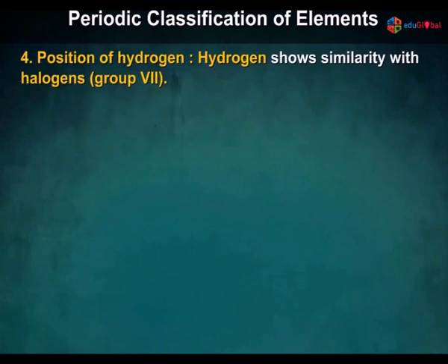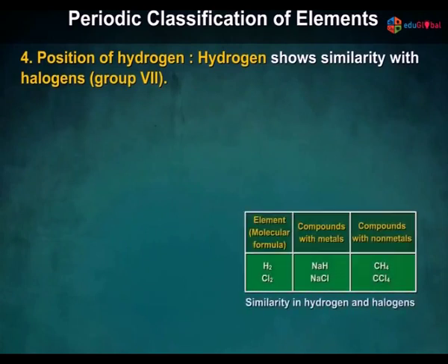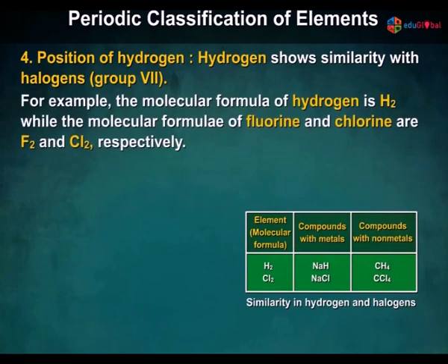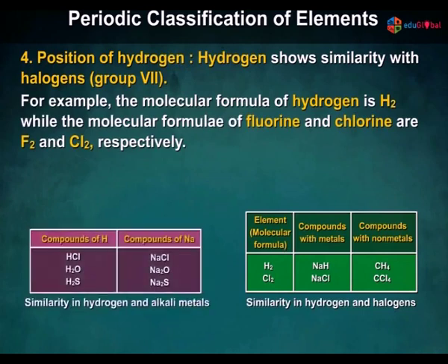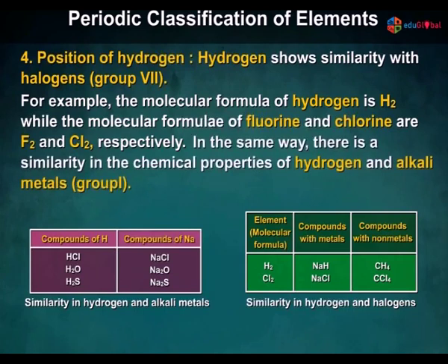4. Position of hydrogen. Hydrogen shows similarity with halogens, group 7. For example, the molecular formula of hydrogen is H2, while the molecular formulae of fluorine and chlorine are F2 and Cl2 respectively. In the same way, there is a similarity in the chemical properties of hydrogen and alkali metals, group 1.